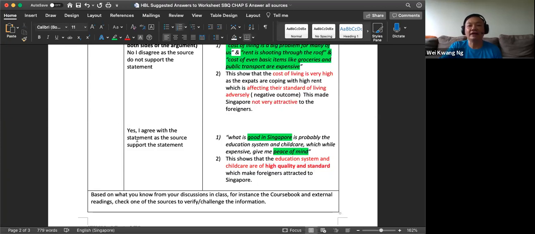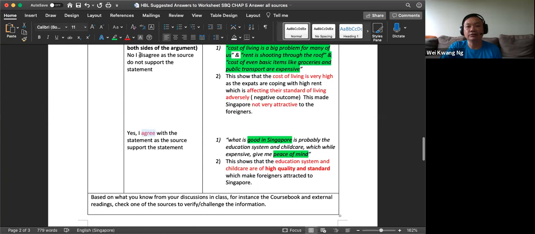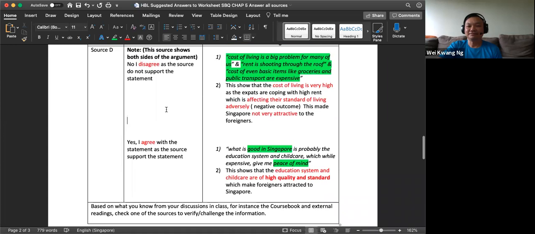So this is where the agree part comes along. Okay, so this source has both agree and disagree. Okay, so far so good.